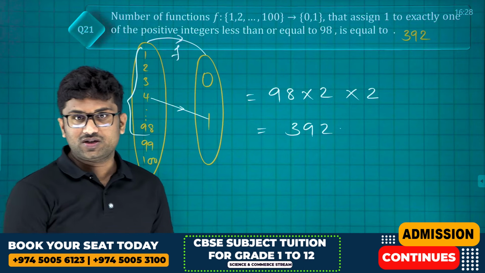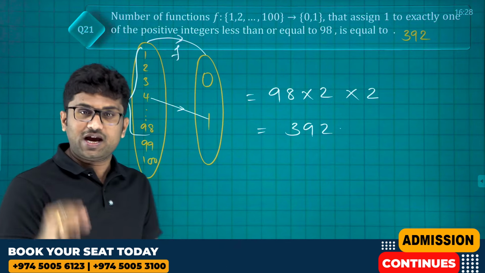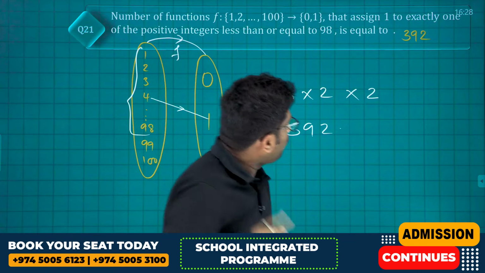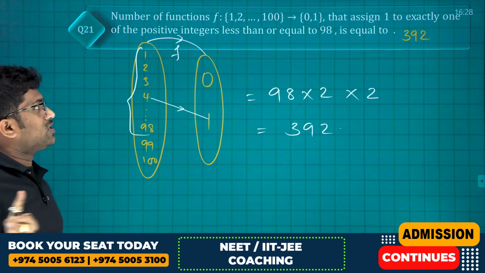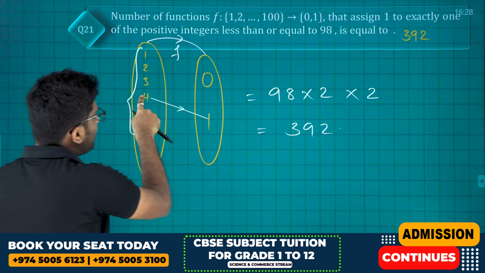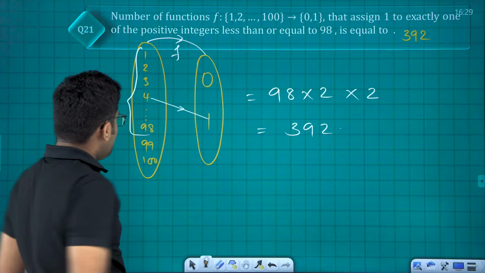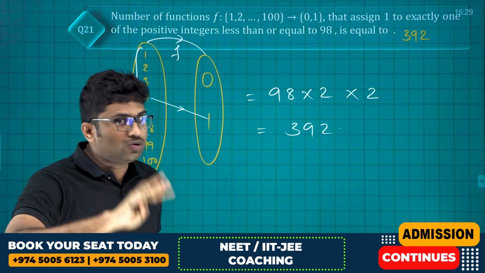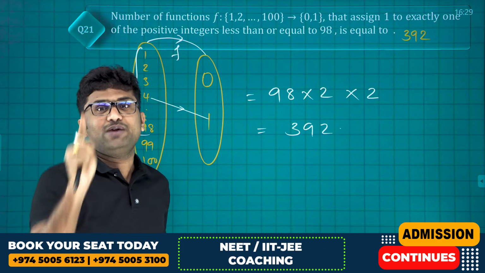I hope you have understood, friends. A very good, clear question. I repeat: the function assigns 1 to exactly one of the positive integers less than or equal to 98. Now we have assigned 4 to 1. Among the remaining numbers from 1 to 98, none should be assigned to 1, only exactly one of the numbers.